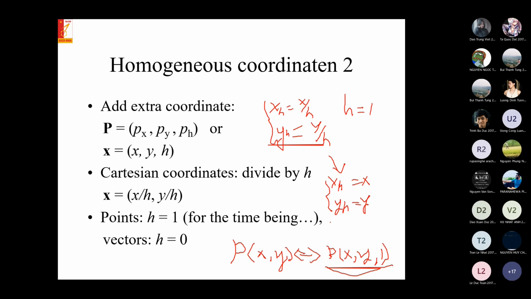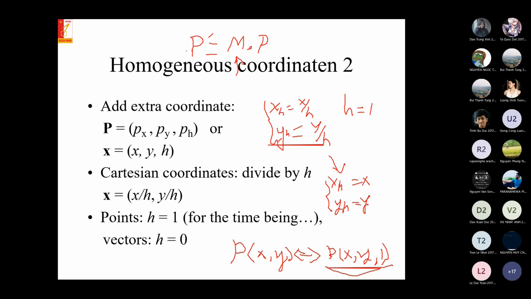And now we find out the form of the transformation. The form of the transformation in this situation will be set up with the new P equal to M multiplied by P. The M is a transformation matrix.